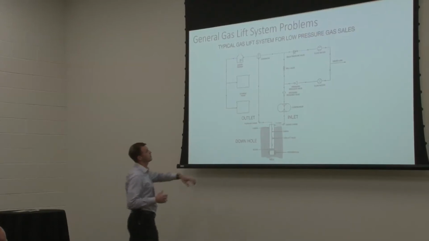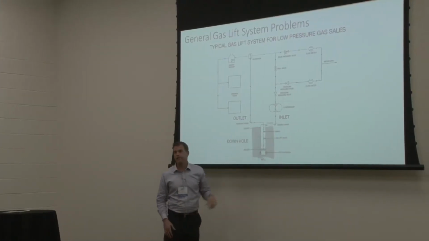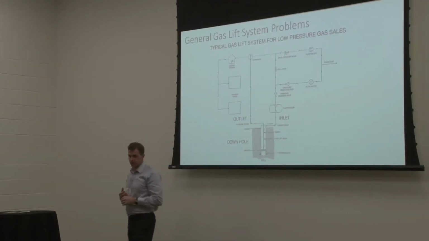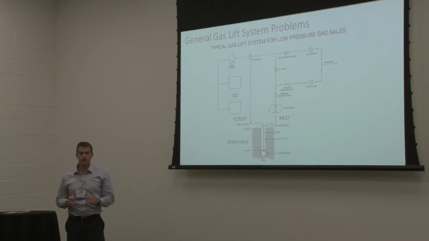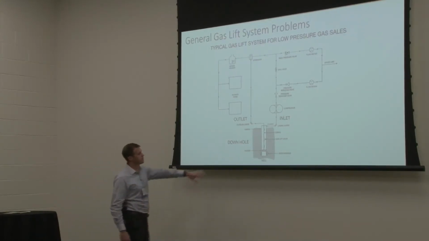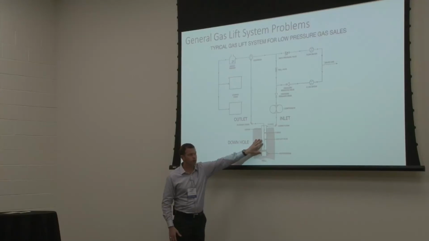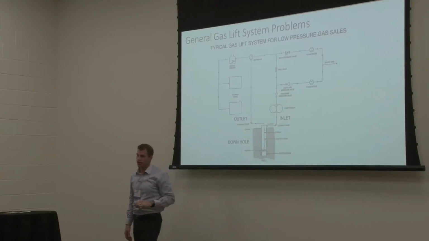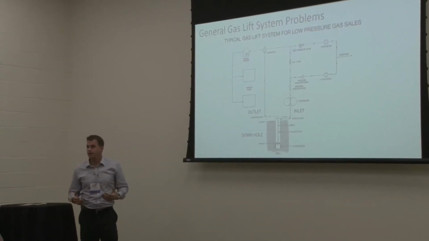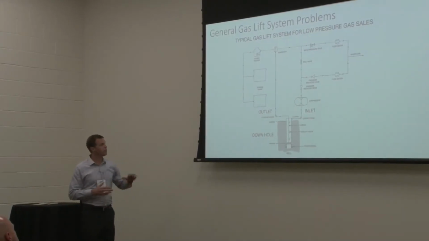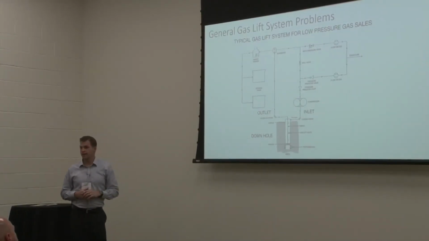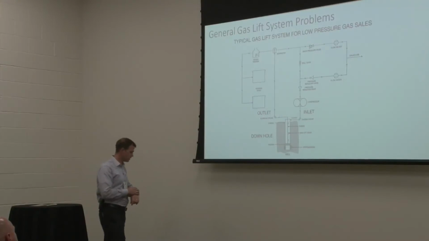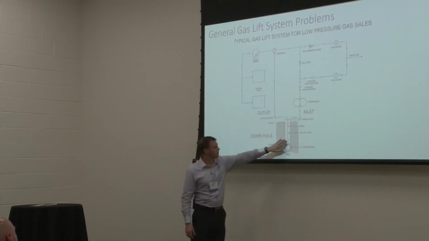Your outlet system is your tank batteries, your separators, your heater treaters, and the flow lines associated with that, as well as your downhole gas lift equipment and production tubular in the well. So typically when you're troubleshooting the well, you're troubleshooting all three segments versus just the equipment that's installed downhole.